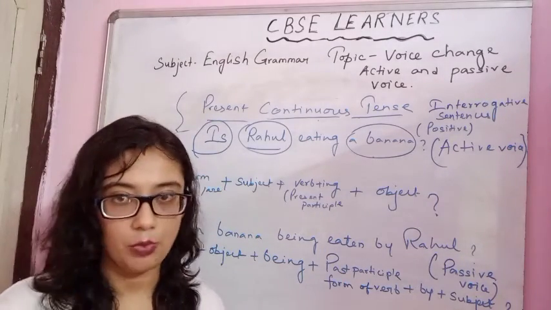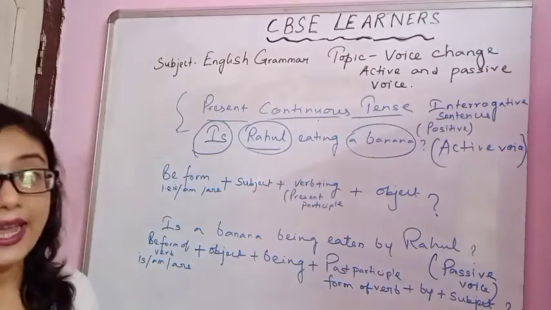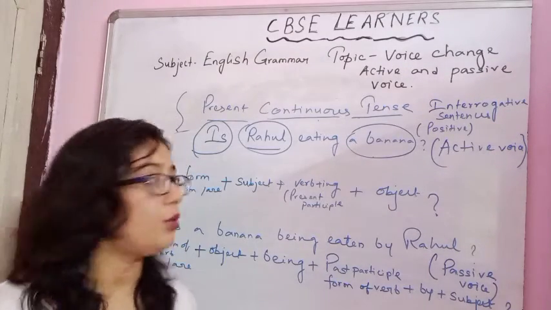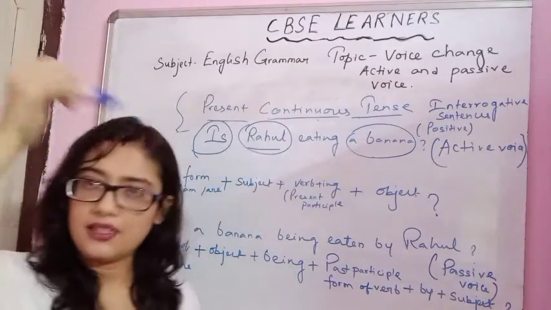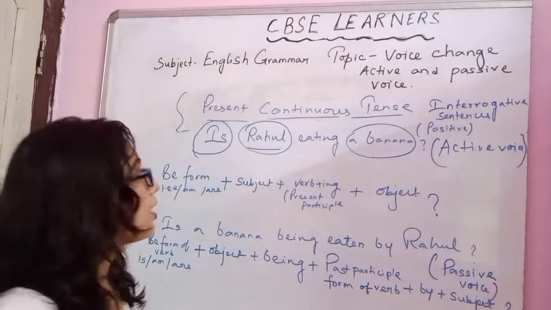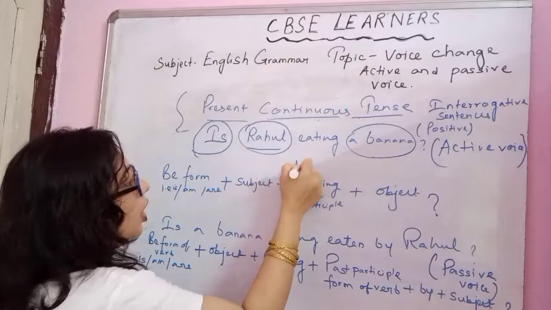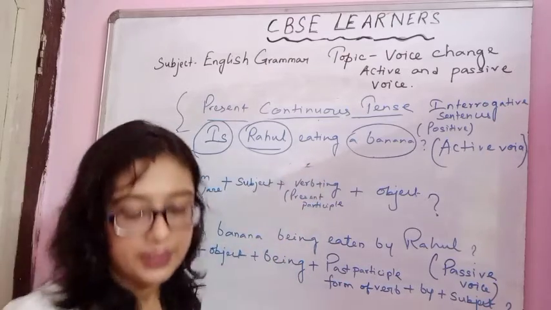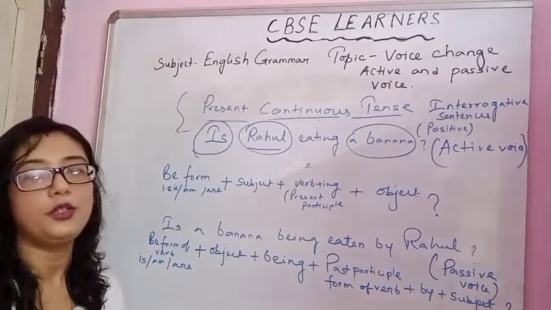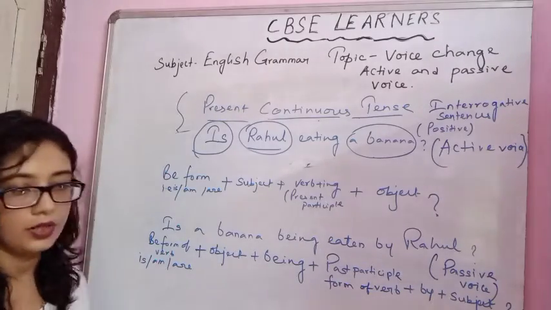Next we will see one more example, in the case of the negative interrogative, where we use not: "Is Rahul not eating a banana?" It will be the same, only here we have to add not. Let me give you the example. I hope you can do it without my help; I am sure about that.